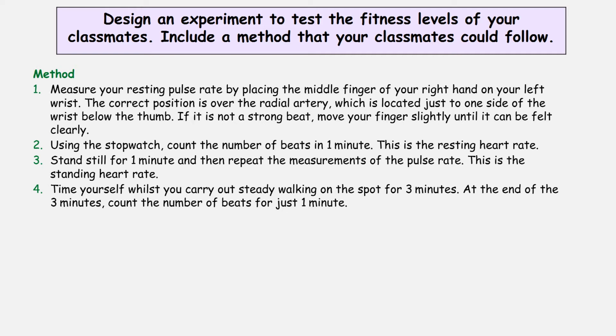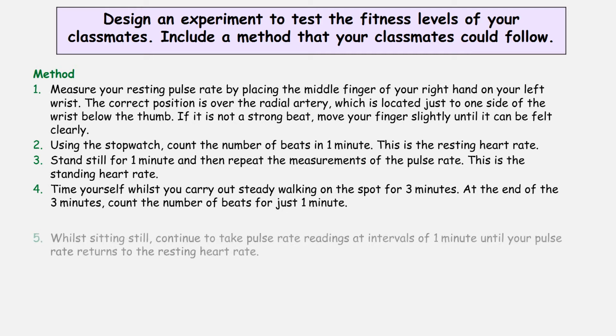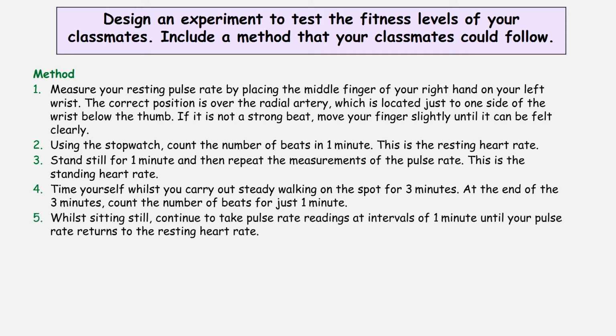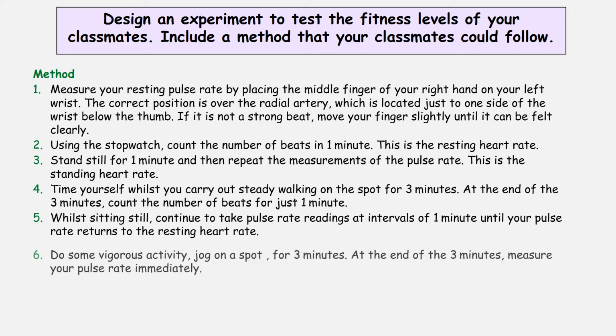At the end of the 3 minutes, count the number of beats, again for 1 minute. Then while sitting still, continue to take pulse rate readings, at intervals of 1 minute until your pulse rate returns to the resting heart rate. So after we've done that moderate exercise, we can then find out how quickly it goes back to the resting heart rate.